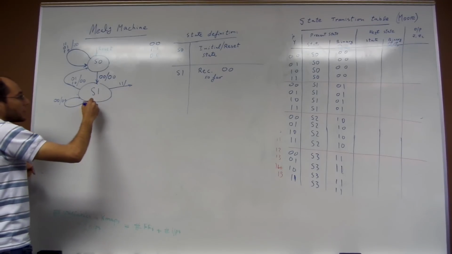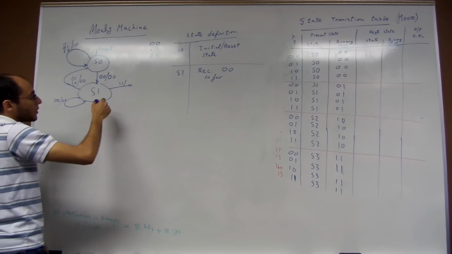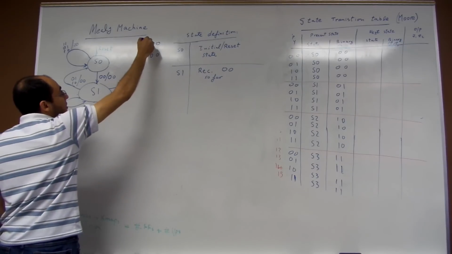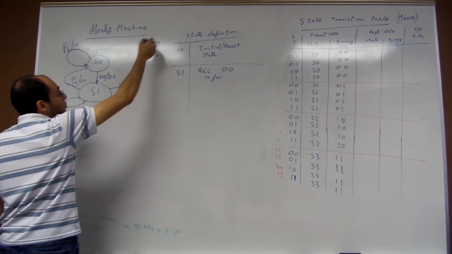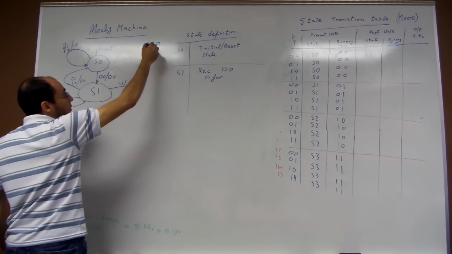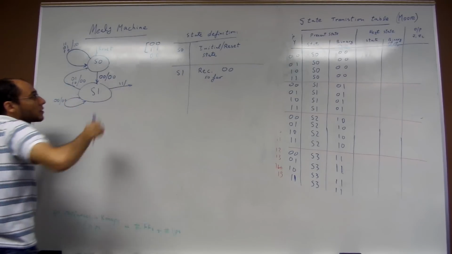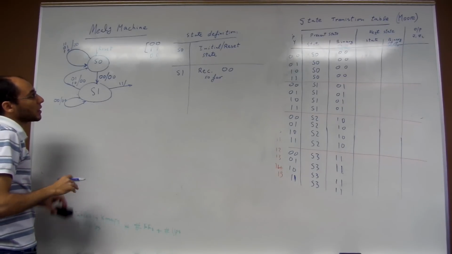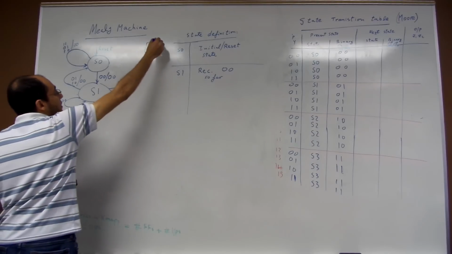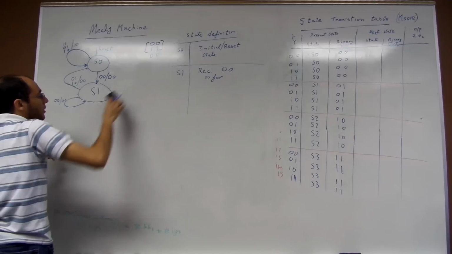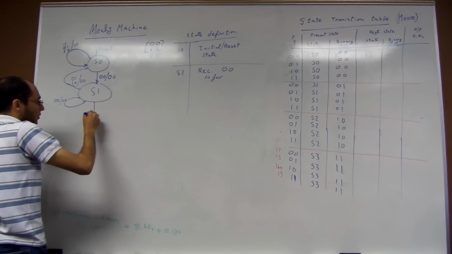So, what if we receive 1, 1? The 1, 1 basically is a part of the sequence. Why? Because I have received 0, 0 so far, because I'm in state S1, and at the current clock cycle, I received the 1, 1. And this 1, 1 represents that it is a part of the sequence. Okay? So, I need to advance, okay, to the next state.